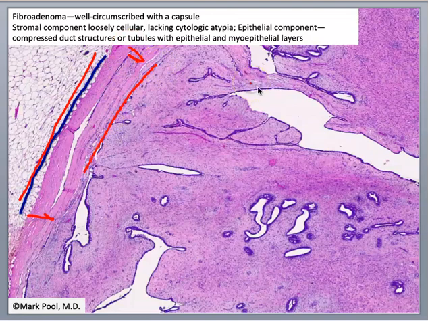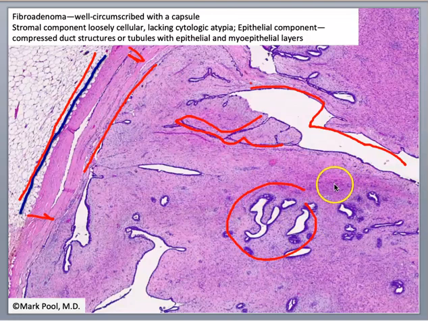And the epithelial component consists of these, in this case, long, slender, interlacing slits, as well as these more tubular type structures which tend to be arranged in loose groups. The background cellularity is still relatively loose, and if we looked at high power, we would see no stromal cell atypia.